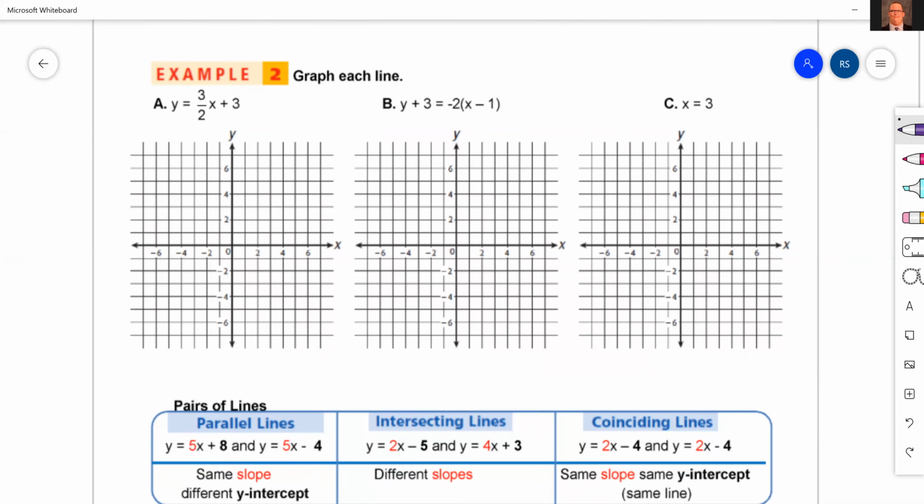Okay, let's see what they give us on this first one. They have it in slope-intercept form. So my m is 3/2. My b is 3. This b, remember, is our y-intercept. So on the y-axis, I'm going to put a dot at 3.